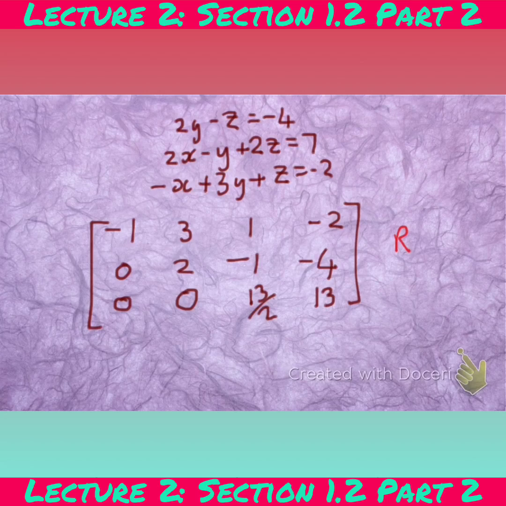And we can do this by taking the third row and multiplying the third row with 2 over 13. So doing that, we can replace the first non-zero entry in the third row with 1.